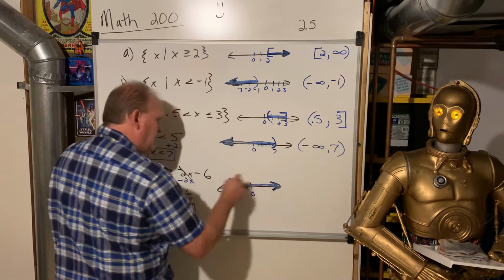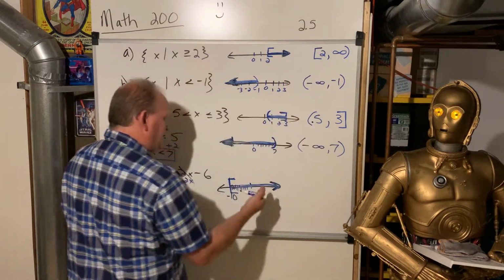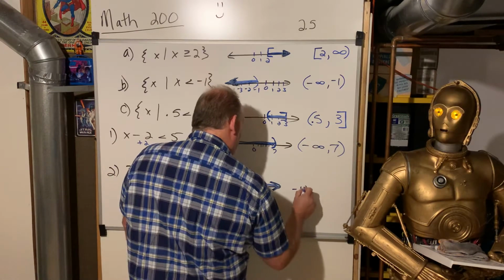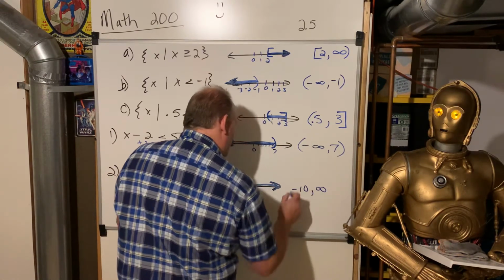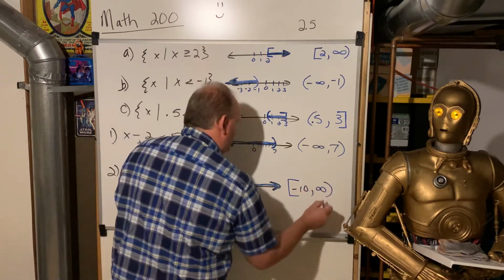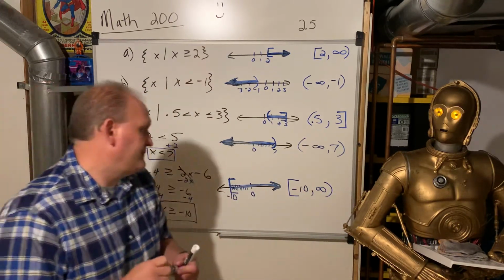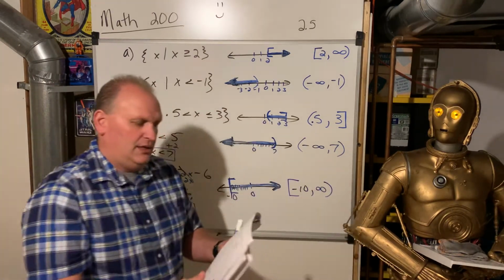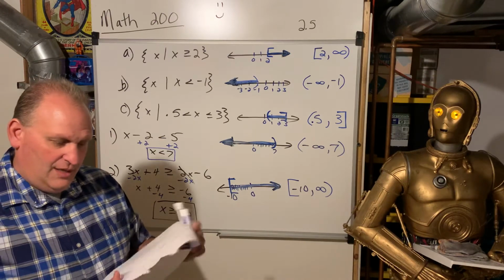And what would that look like in interval notation? That is the answer without making a graph. That would be negative 10 to infinity, and the negative 10 is inclusive, so you put the bracket on that, and then infinities always get the parentheses. Oops, gravity just worked there. All right.